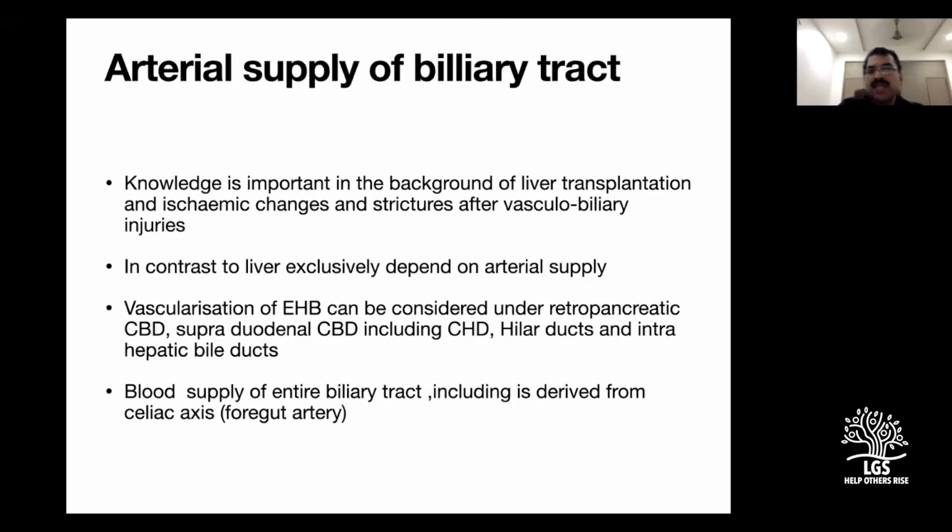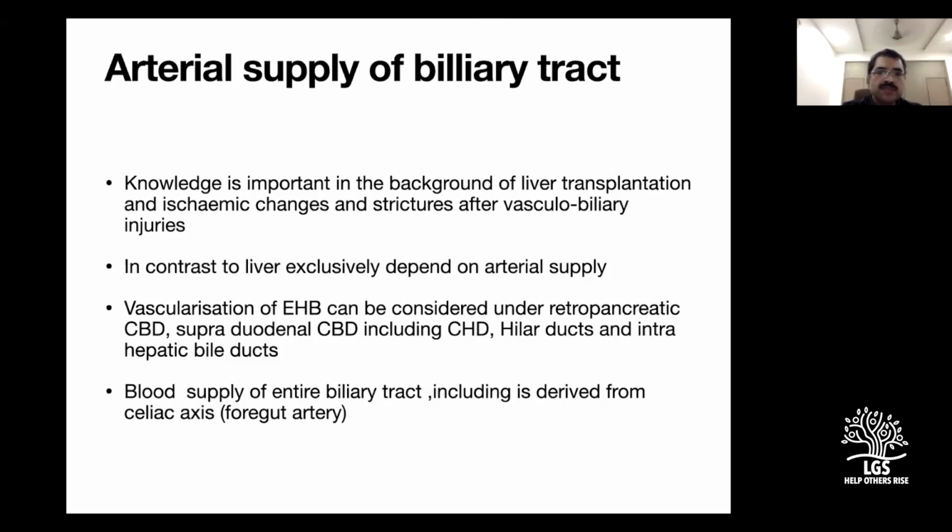If you see the blood supply of the liver, 75% of supply is by the portal vein and 25% is by the hepatic artery. But among the arterial blood supply, 75% goes and supplies the intrahepatic biliary apparatus. So that is the basic division of the blood supply of the liver.